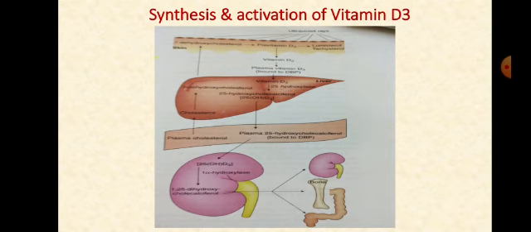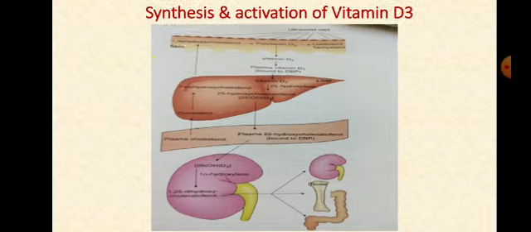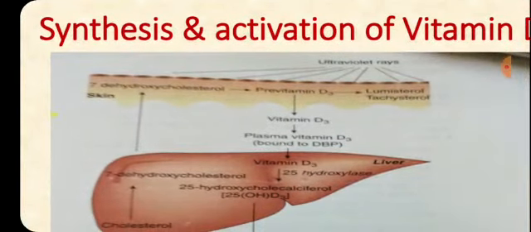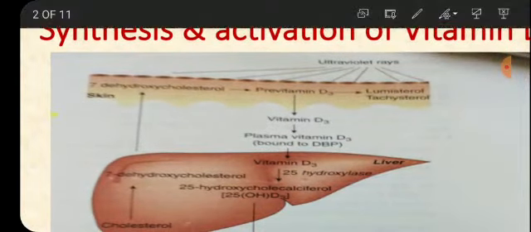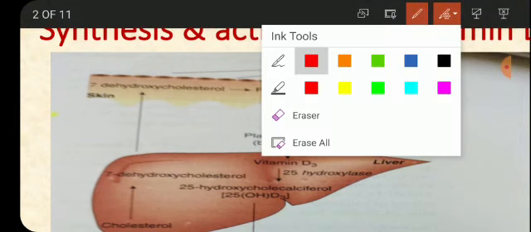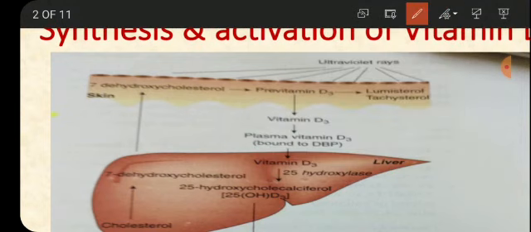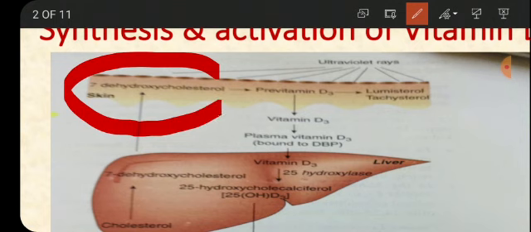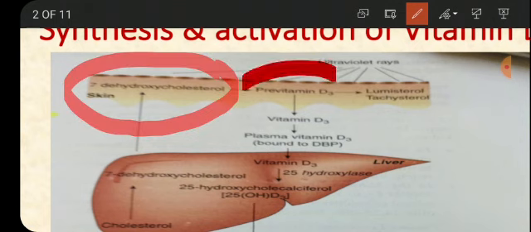The stepwise manner is depicted in this diagram. Let us have a look. First of all, from the precursor 7-dehydrocholesterol, by the action of ultraviolet ray, pre-vitamin D3 is formed.